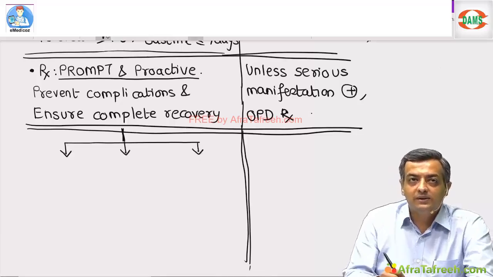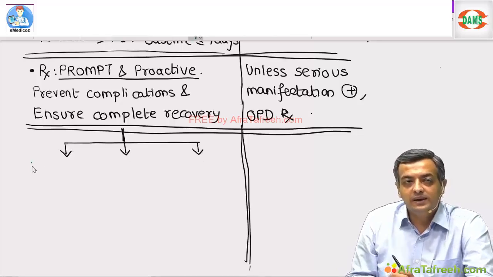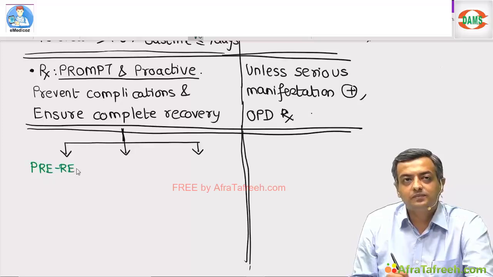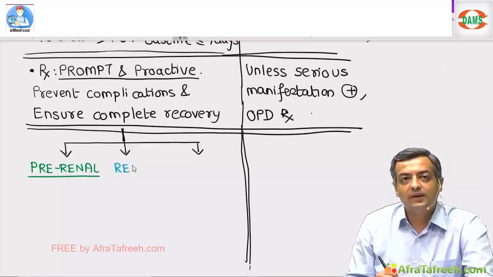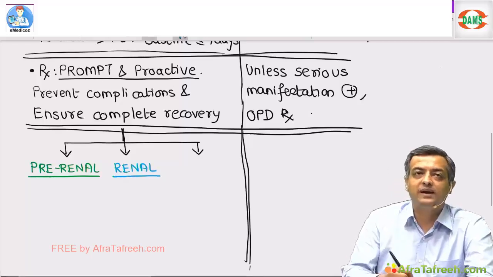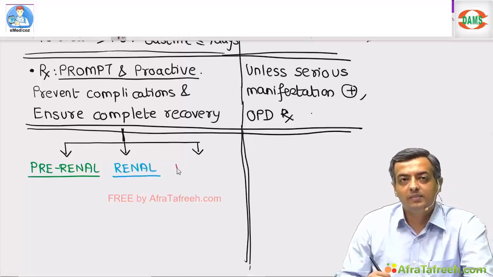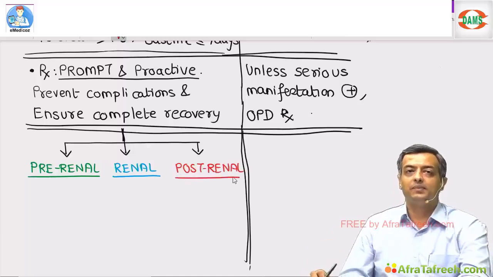The 3 causes of acute kidney injury can be pre-renal causes, renal causes of AKI, or post-renal AKI.